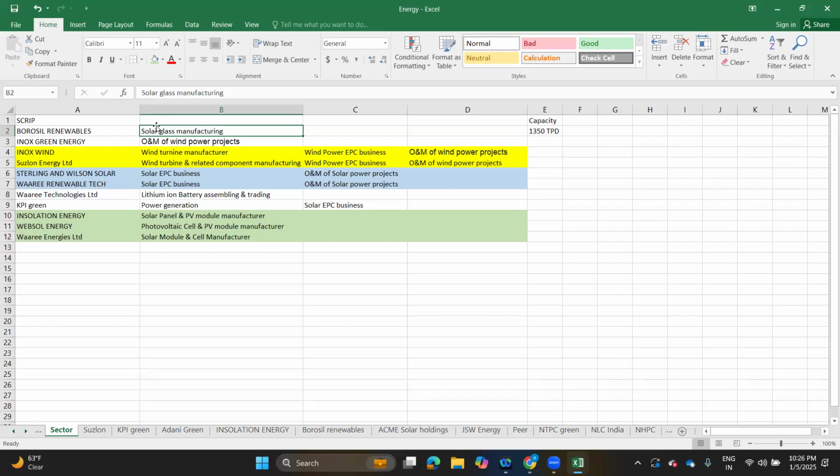So Borosil Renewables is very, very different from our traditional power generation companies, from EPC companies, I mean energy EPC companies, power EPC companies, and from operation and maintenance companies. They're very much different. But after this, I'm going to discuss those companies who are in a similar value chain with Borosil Renewables.